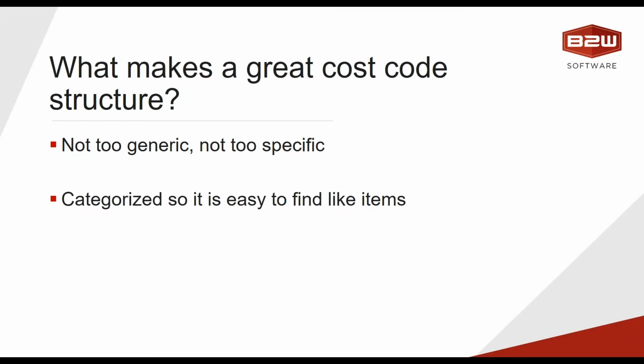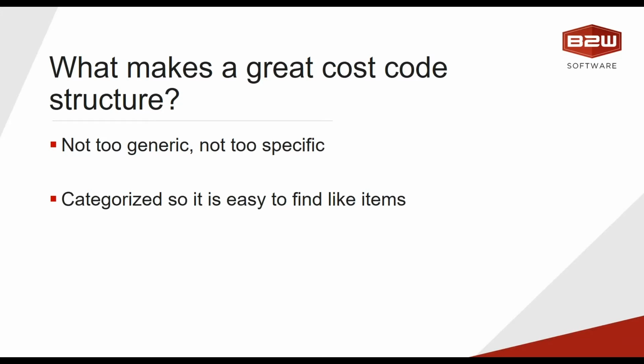Another general rule is that sometimes people will just go through and say, 1 to 99, here are all of our cost codes. You want to have the codes structured in such a way that it makes it really easy to find things together.